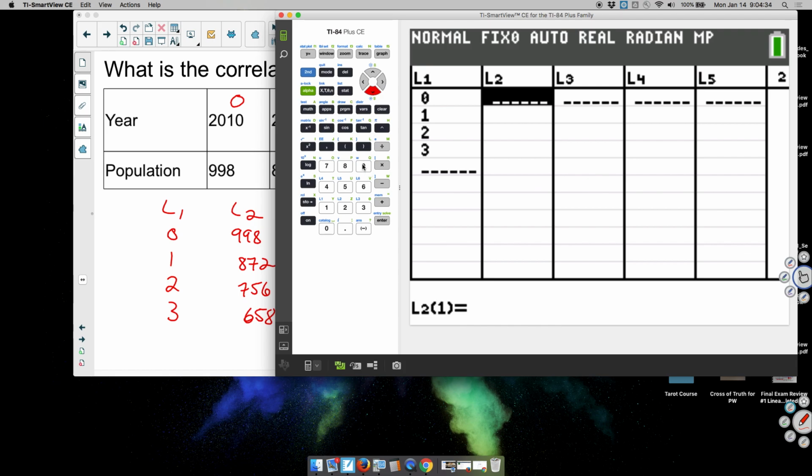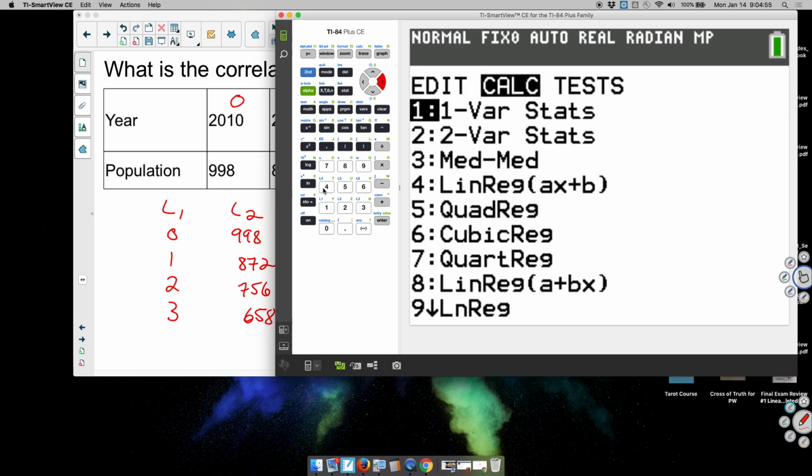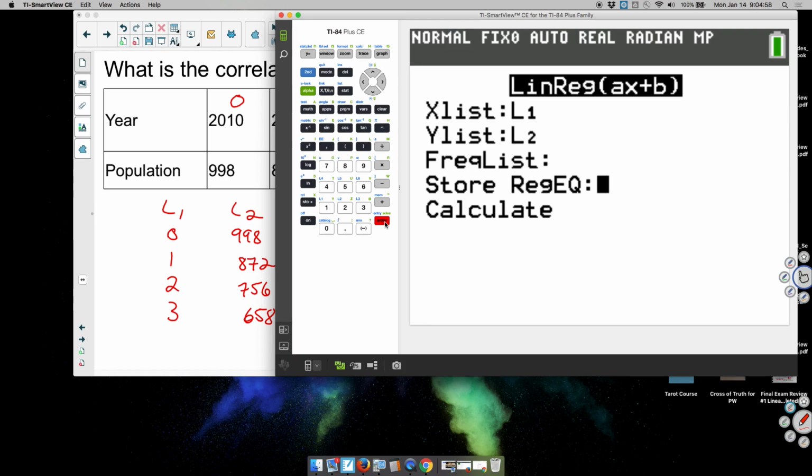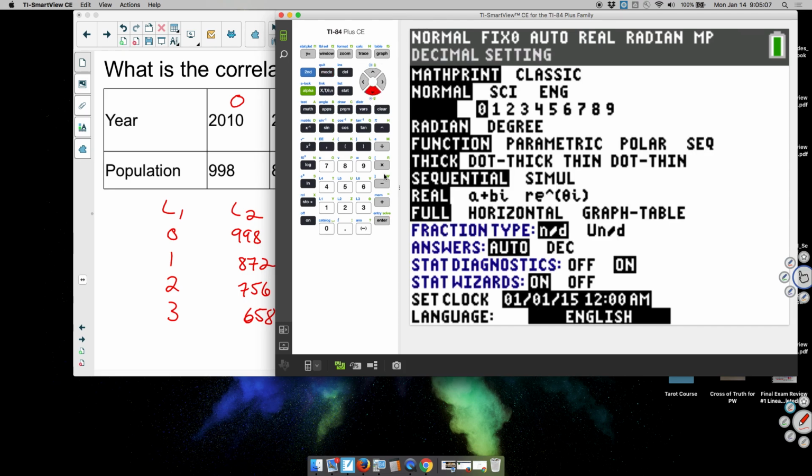All right, try it again. 998, 872, 756, 658. All right, so I need to compare linear to exponential. So I'm going to go stat calc 4. My R here for linear, oh wait, I got to change my mode real quick.